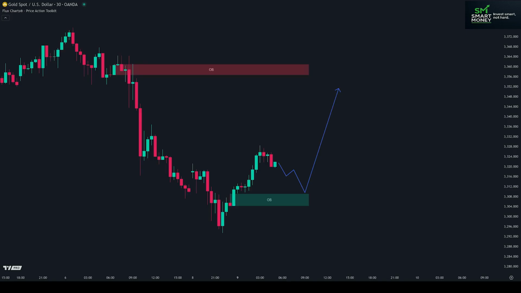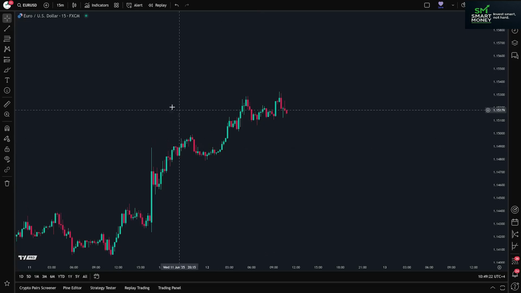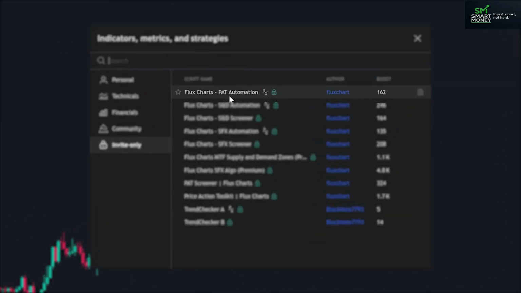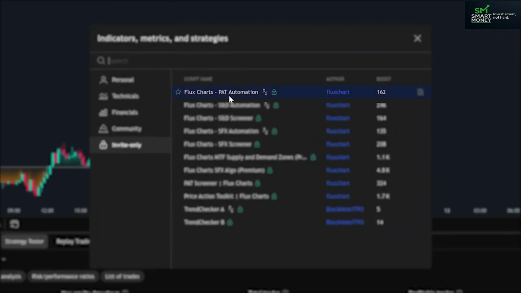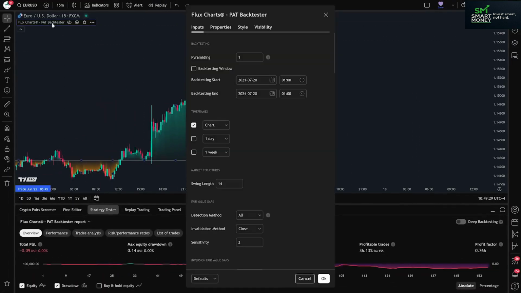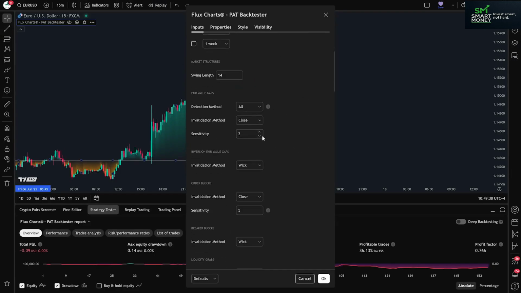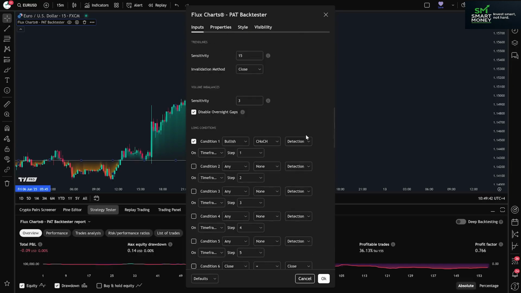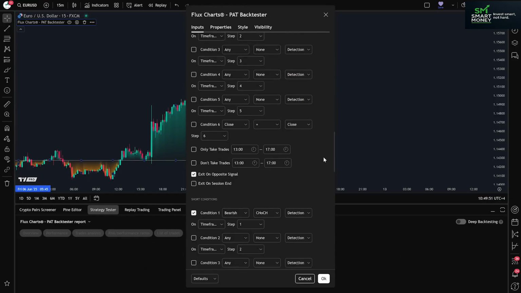Now, talking about backtesting, there's another tool developed by Flux Charts that can help: price action automation. Imagine if we wanted to automatically backtest a simple fair value gap entry. The only thing we have to do is define the backtesting period and adjust the FVG settings. For a long trade condition, let's just use a bullish FVG on the retest.